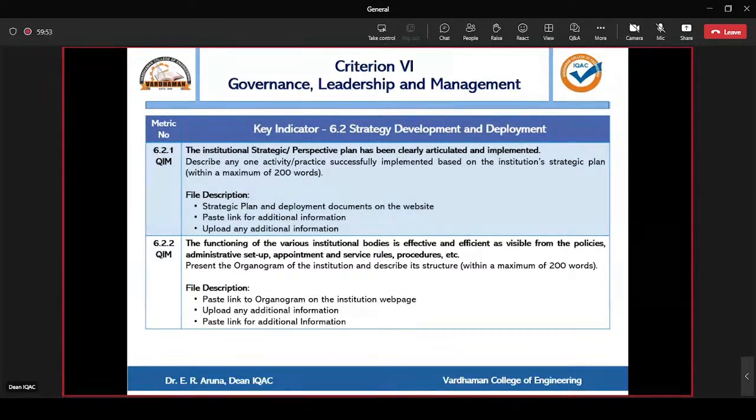So as per the Vardhaman policy, we already completed one strategic plan and we are in the second phase of the strategic plan. We prepared a strategic plan from 2016-17 to 2021, which is 5 years. And we have taken some key areas to articulate this plan, like institutional holistic development, infrastructure development, strengthening faculty, research, student career development cell, academic excellence, and examination reforms.